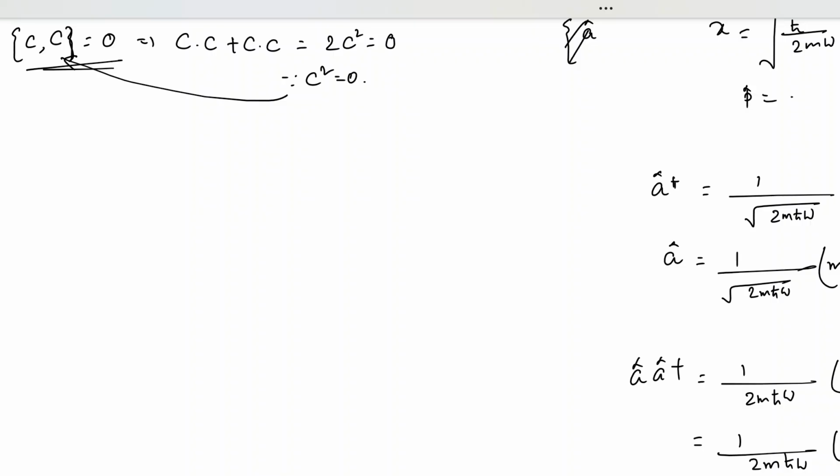The xp minus px is basically the commutator bracket of x and p, which is plus I h cut. Multiplying, minus I squared is plus 1, so you get p squared plus m squared omega squared x squared plus m omega h cut, all over 2m h cut omega.